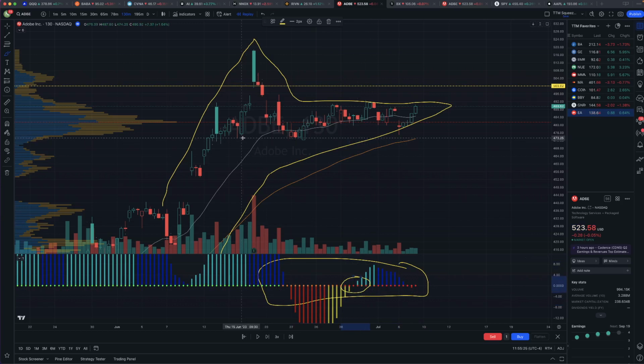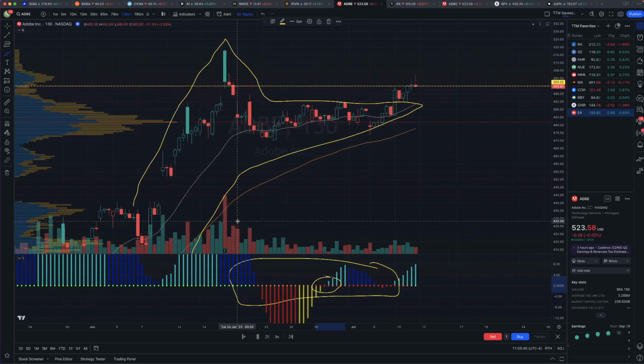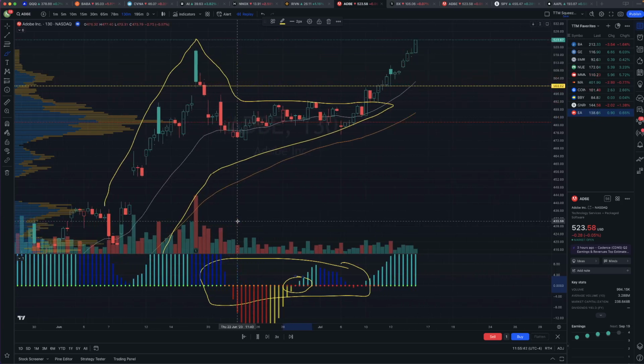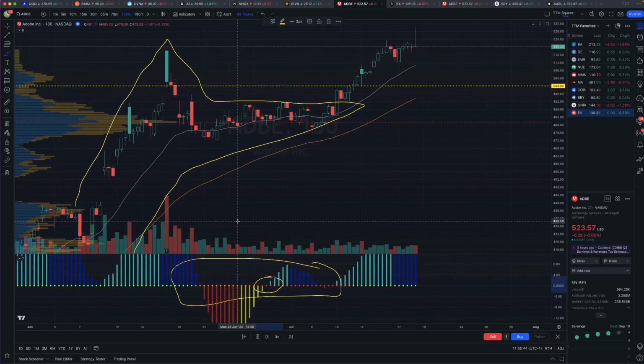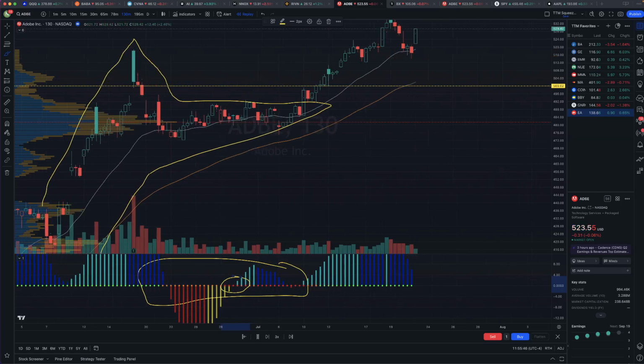You want to get the best entry you can off of the support levels, but you want to enter while you're in a squeeze, and wait for that squeeze to play out. So if we just watch this play out, consolidate for a while, and then off it went, right? So that's what we're looking for in a TPS pattern.